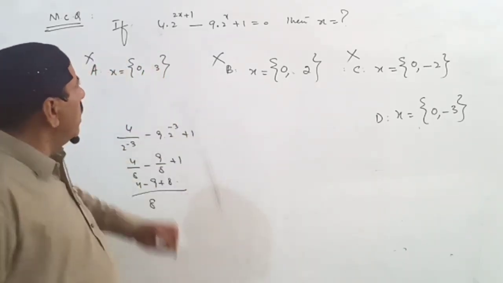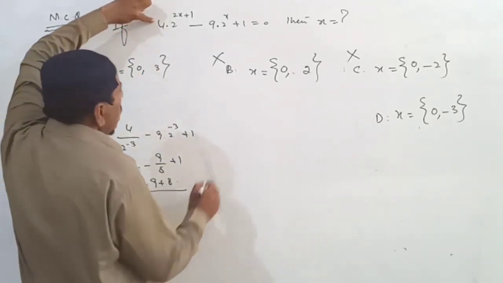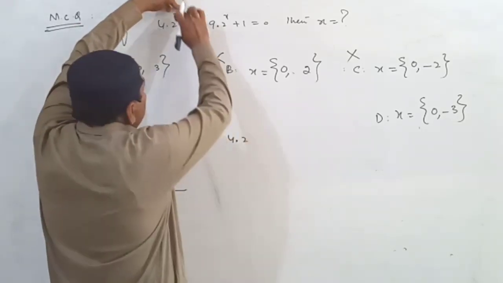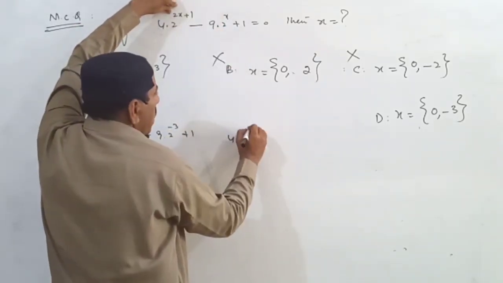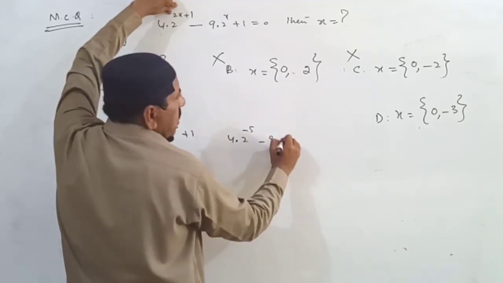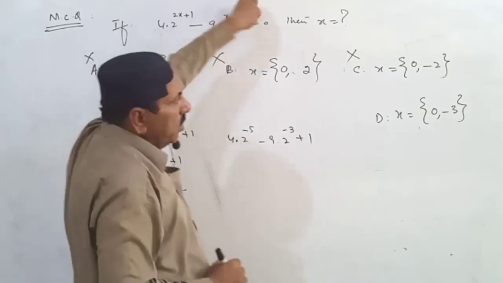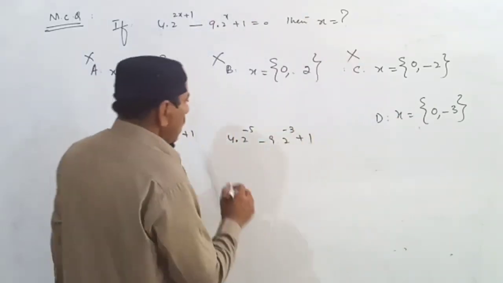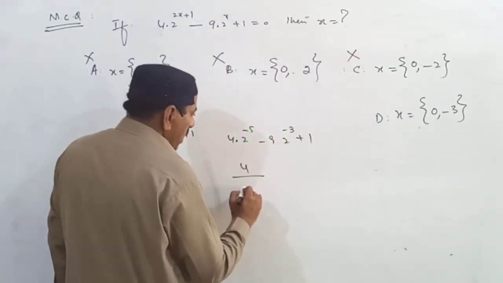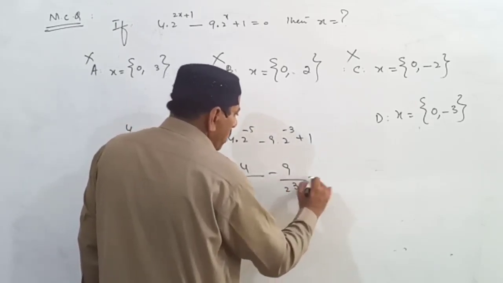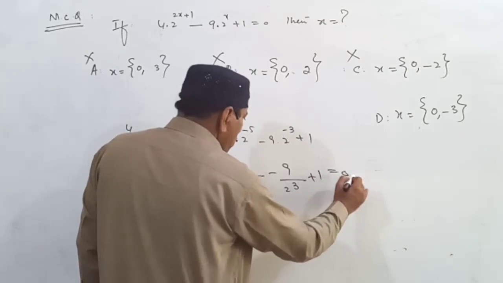If x is equal to minus 3, then this will be 4 into 2 into minus 3, which is minus 6, minus 6 plus 1 is minus 5, minus 9 into 2 power minus 3 plus 1. If the result is 0, then minus 3 is correct. This will be 4 upon 2 power 5 minus 9 upon 2 power 3 plus 1 should be equal to 0.